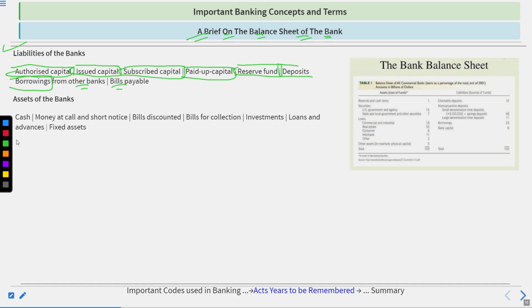So these are the liabilities of the bank. Now, what are the assets of the bank? This is important. The cash the bank holds, money at call and short notice, the bills discounted, the bills for collection, the investments, loans and advances, and the fixed assets.